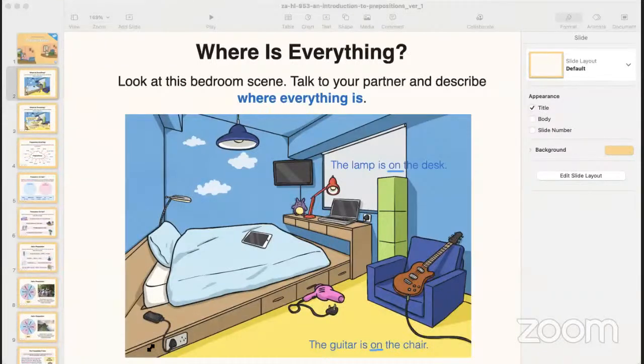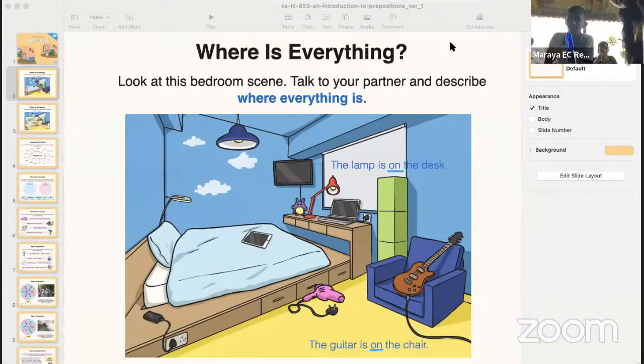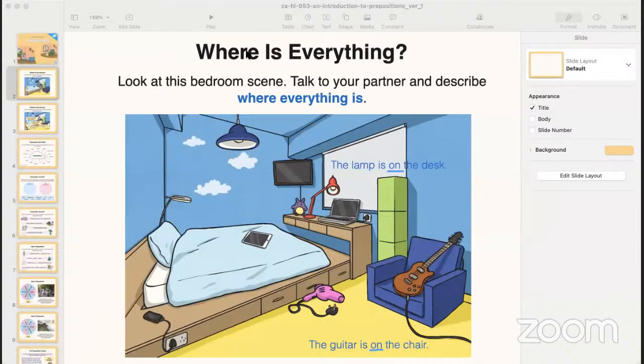Can I have a volunteer to share their answer? If you can click on the raise your hand icon, and then I'll call your name out. Anika, can you share what you have for it? The TV is on the wall. Good. The TV is on the wall. And I've got one from Lavakula, Georgia.